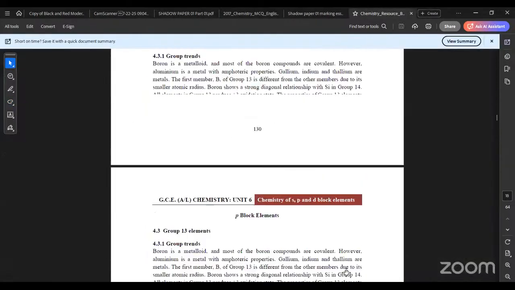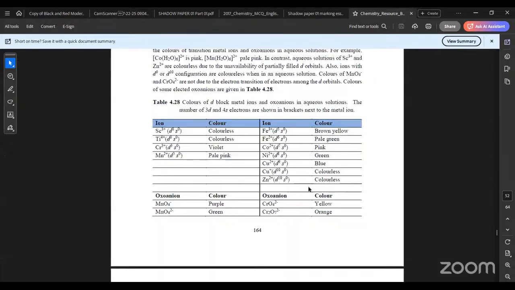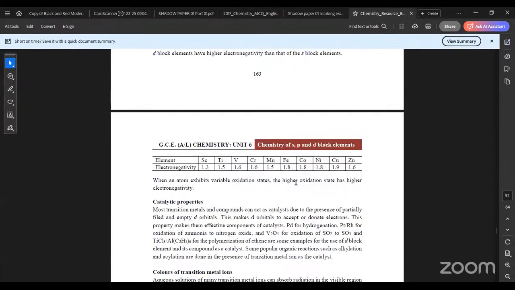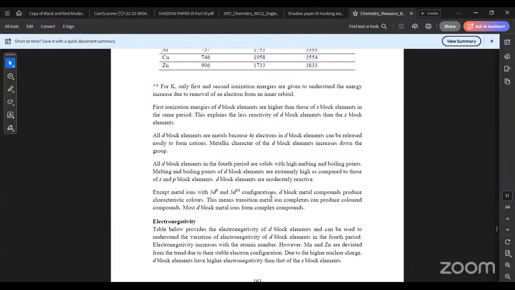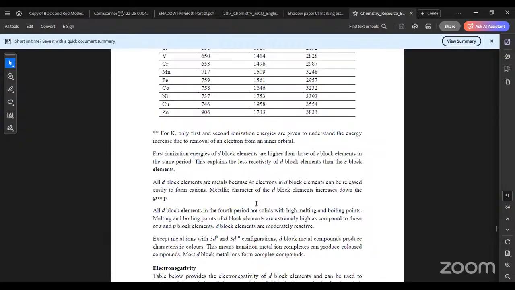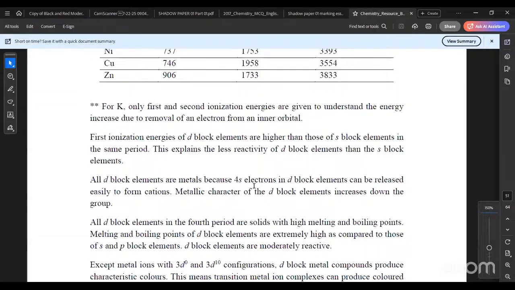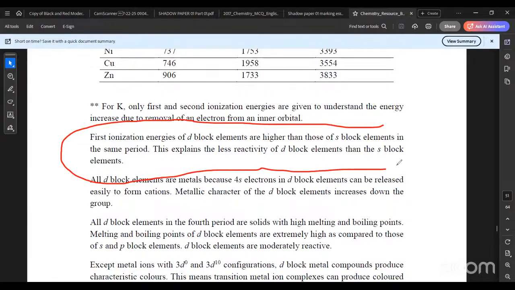I have to search for it. D block. Can't remember where it was. If you want to write this down somewhere: first ionization energies of D block elements are higher than that of S block elements in the same period. This explains the lower reactivity.